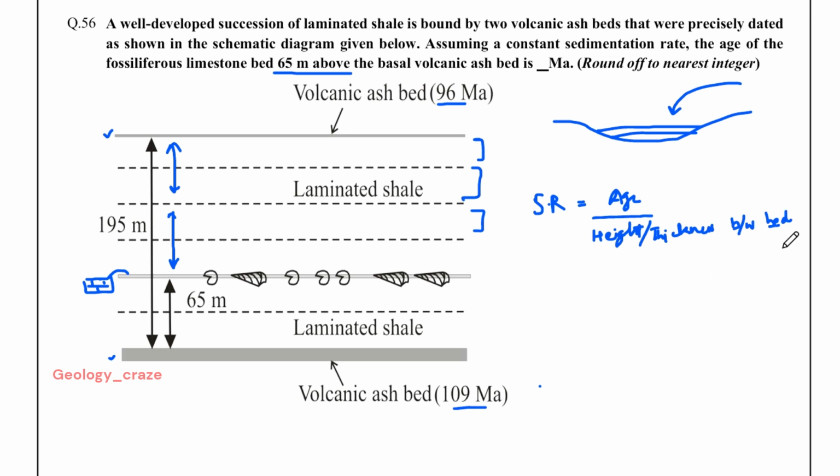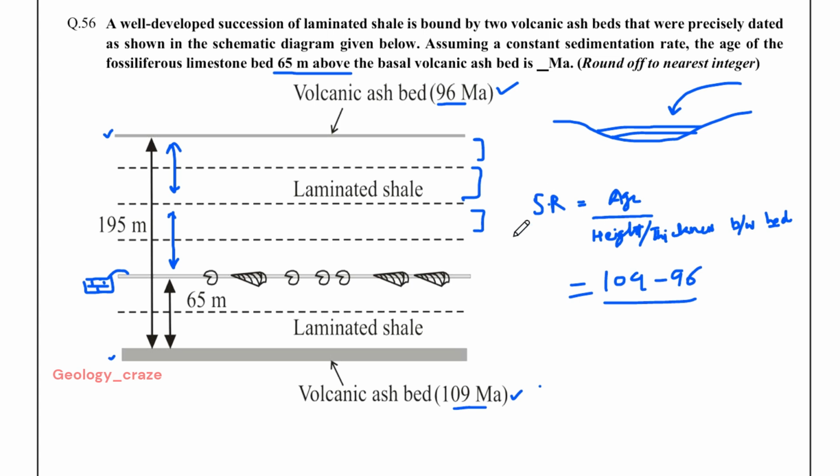Which beds? The beds whose ages we know, these are the two. So how much is the age difference? 109 minus 96. And what is the thickness? The thickness is 195.